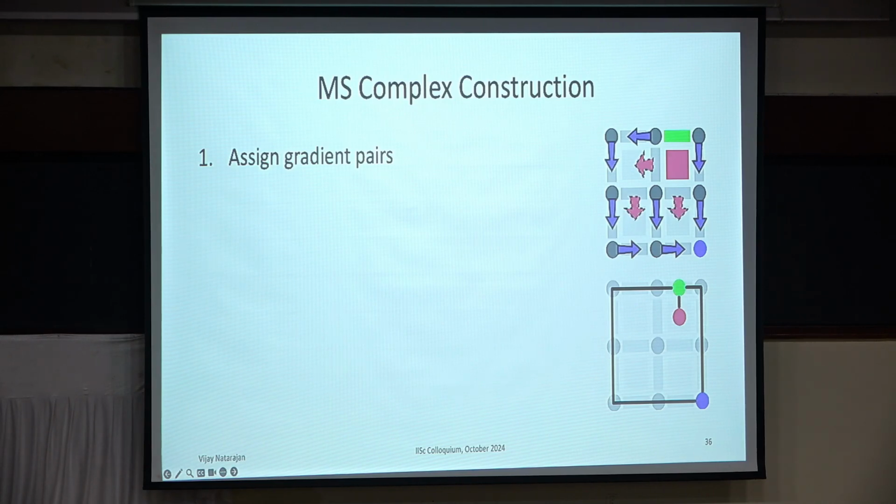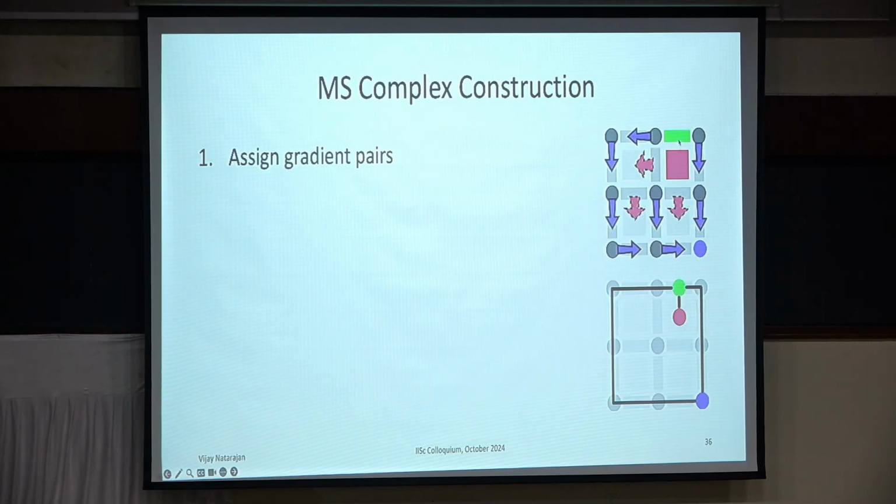And now tracing these gradients is essentially tracing paths, which is a collection of these pairs. Remember, critical points are where the gradient is 0. The equivalent of those critical points is a cell here which is not paired. So the role of a maximum is now handled by this 2D cell, which is shown in red.